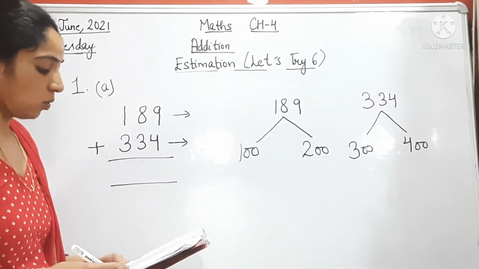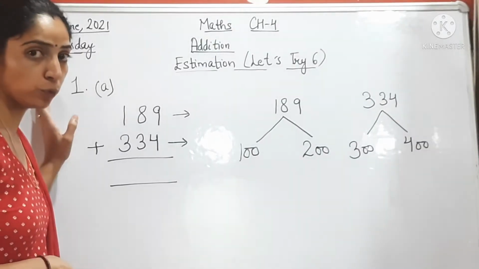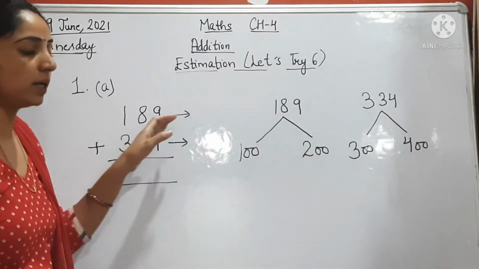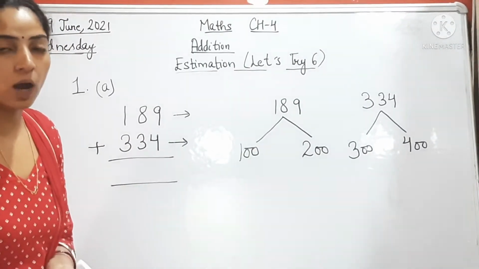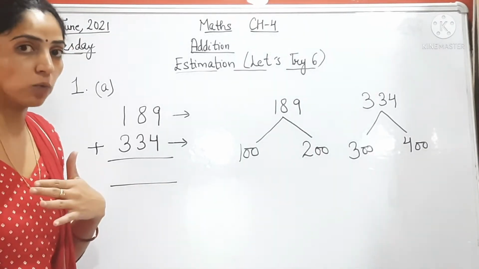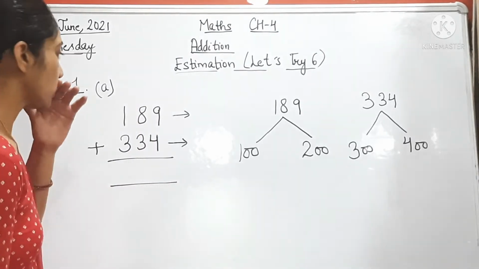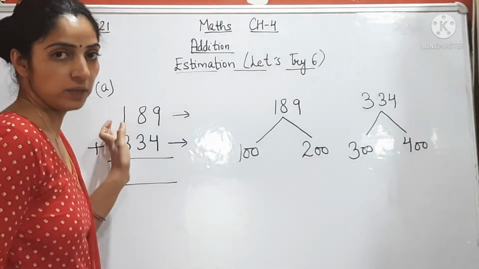Now our first sum is the one that has been done for you. Question number 1, part A, 189 and 334. All of you know how we round off a given number to the nearest 100. First of all, let's round off the given addends.